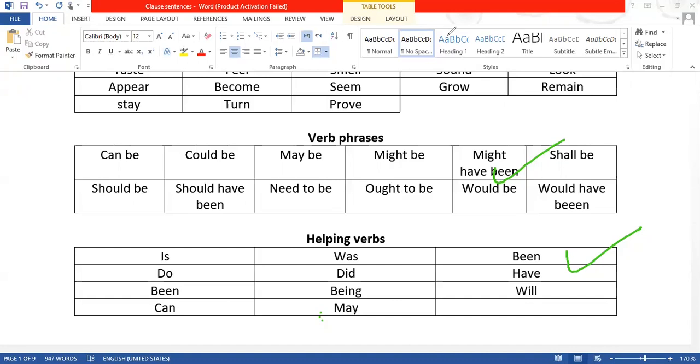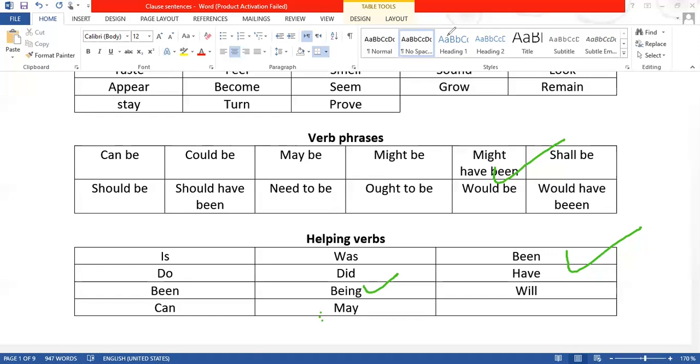Or for example, he will have waited for us. Again, that is just telling us that it is a perfect tense. Or for example, he is being arrested. So it is telling us that it is a passive but continuous tense. So this being is just working as a helping verb, and it tells us that it is a passive and a continuous tense.